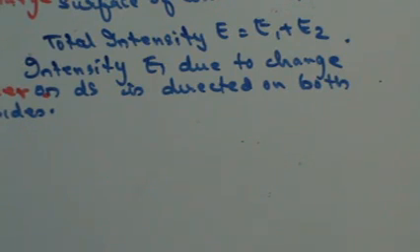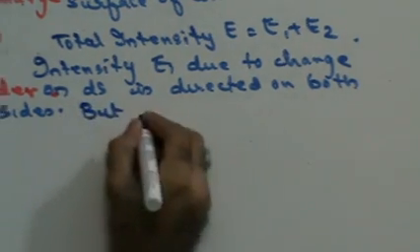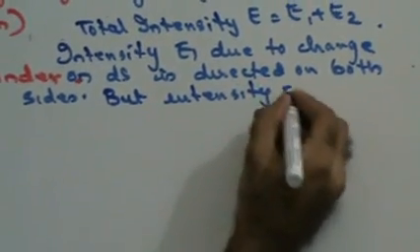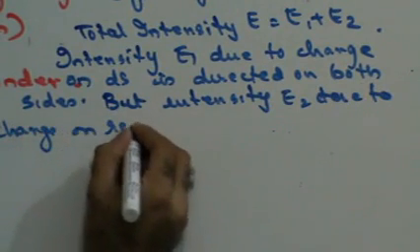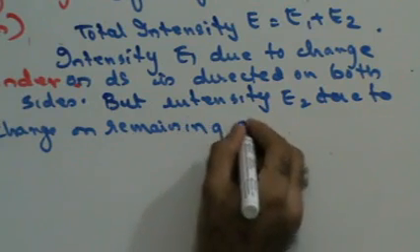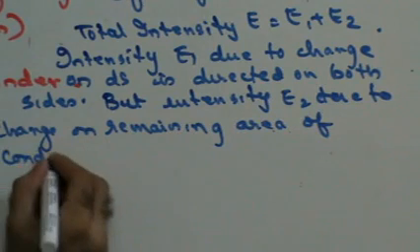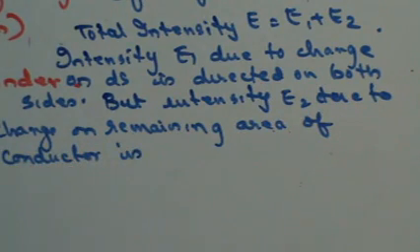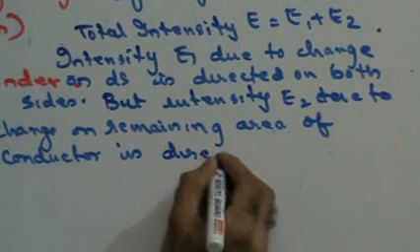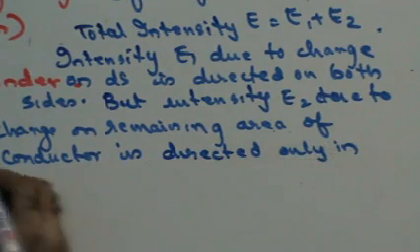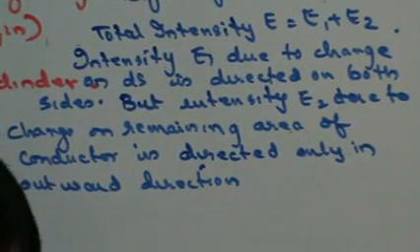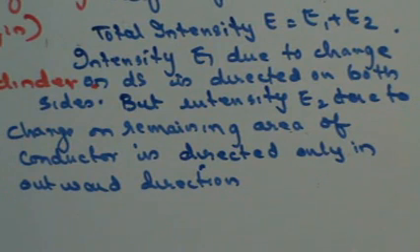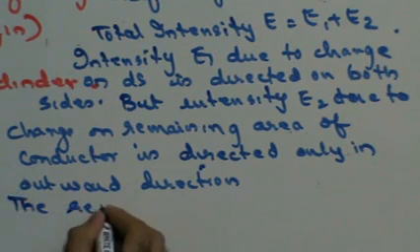But intensity E2 due to the charge on the remaining area of the conductor is directed outwards only, only in outward direction, right?